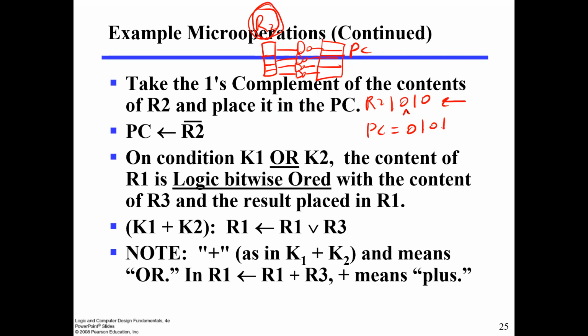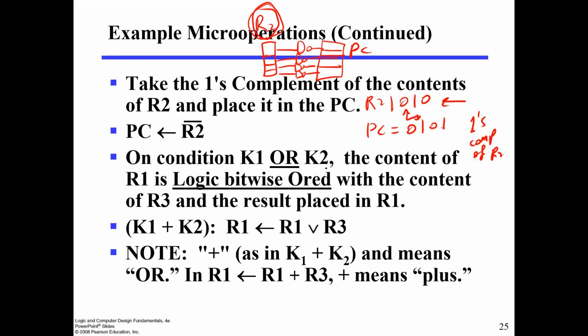Of course, this complement is considered the ones complement of R2. So the complement will apply the ones complement, not the twos complement. If you remember, we had ones complement and twos complement. Ones complement is just flipping all the bits, which means inverting each bit. Twos complement was something else.